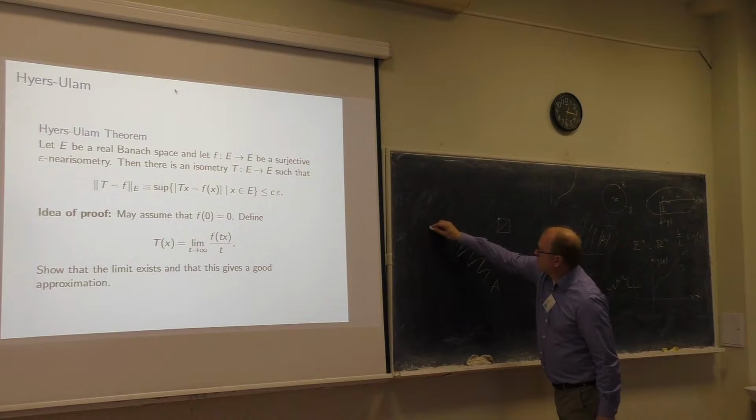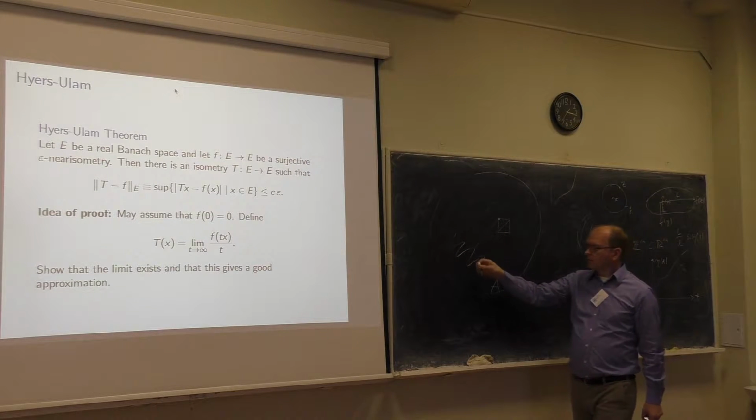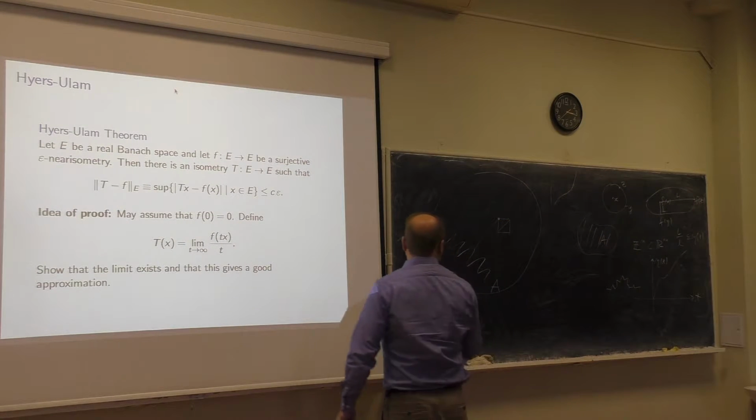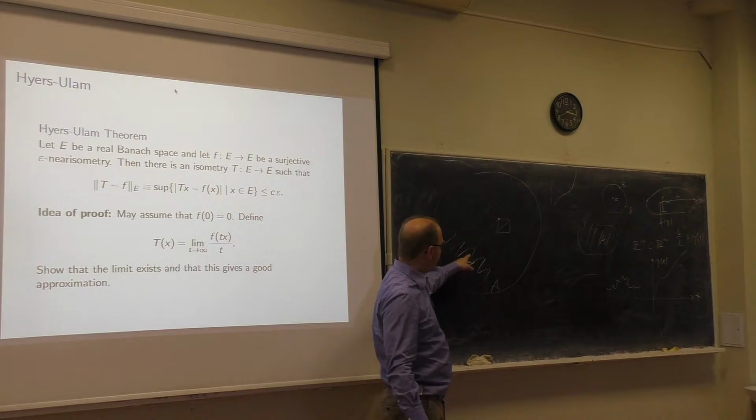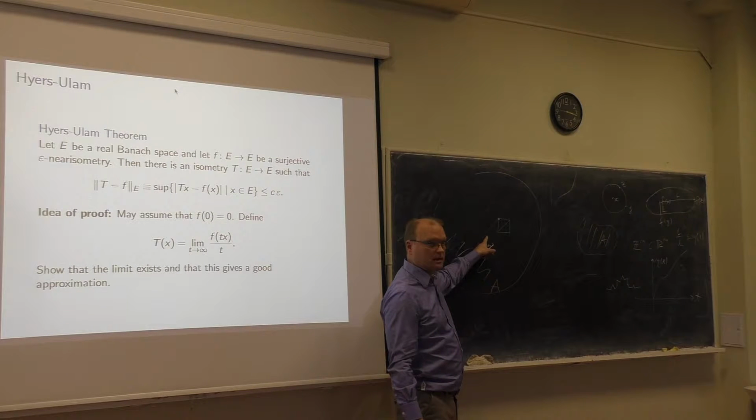then make some rather large ball which contains not all of A, but some reasonable part of A, where the radius of the ball is comparable to this distance.